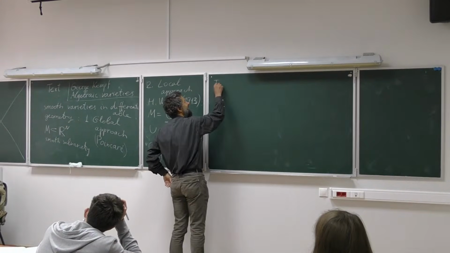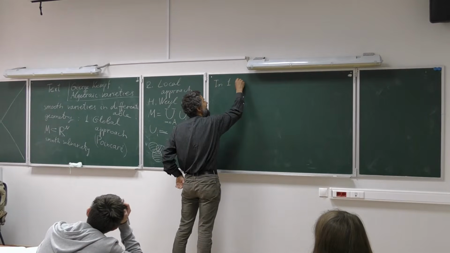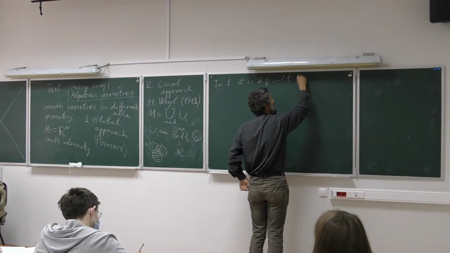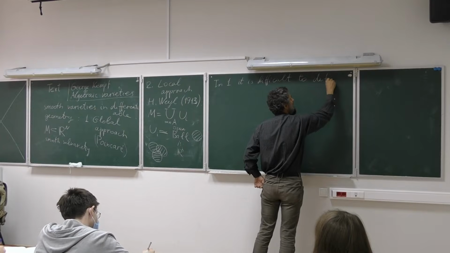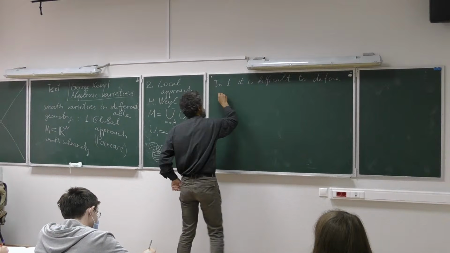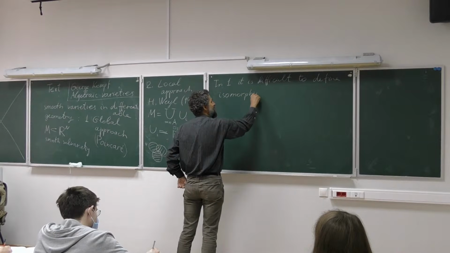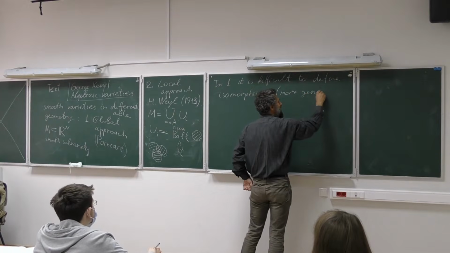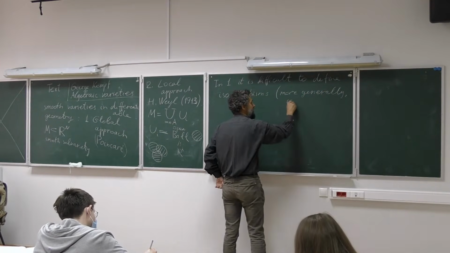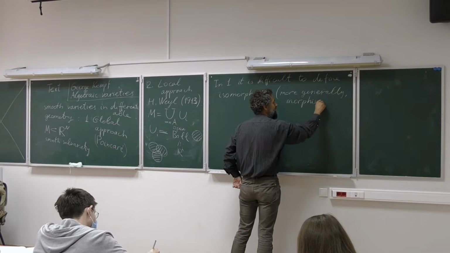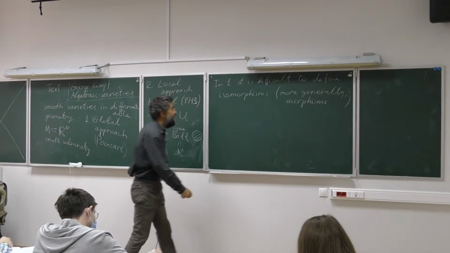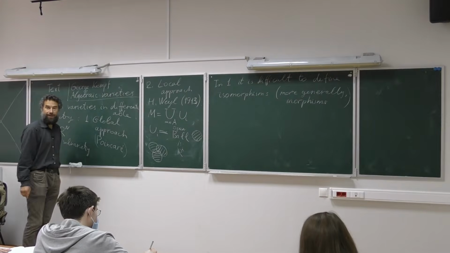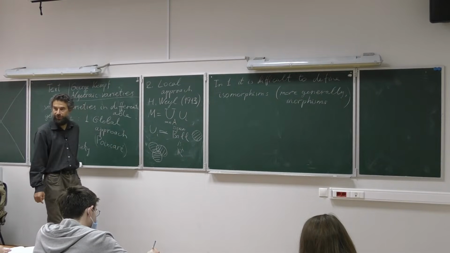So in one, it is difficult to define isomorphisms, and more generally, morphisms. So that's why people need this other approach, the local one. And then in the local one, everybody knows how you define morphisms and isomorphisms.